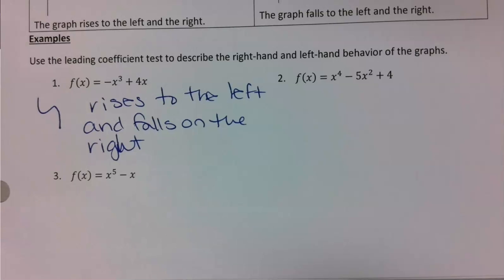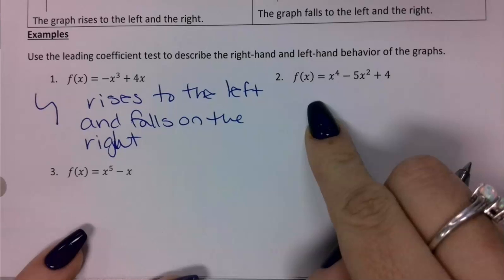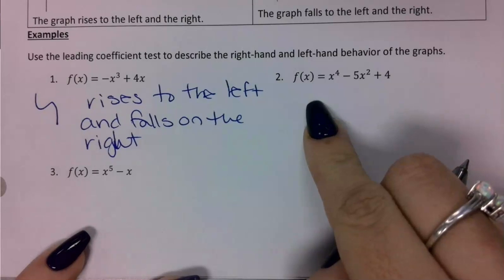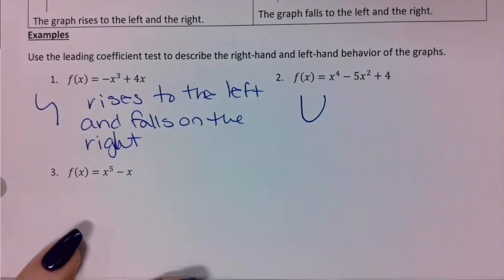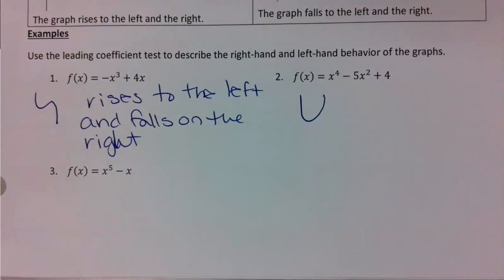Okay, then for number 2, it's positive and even, so it looks something kind of like this. So it's going to rise on both the left and right.